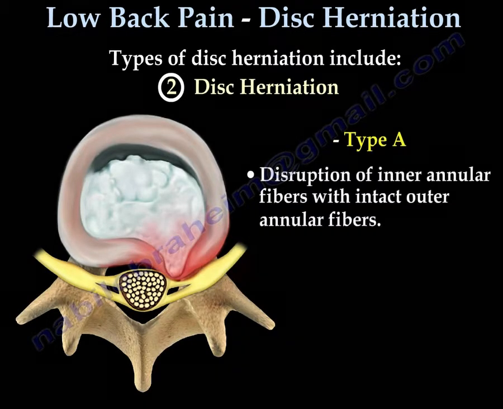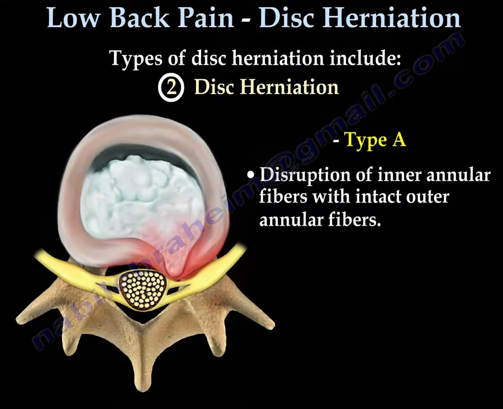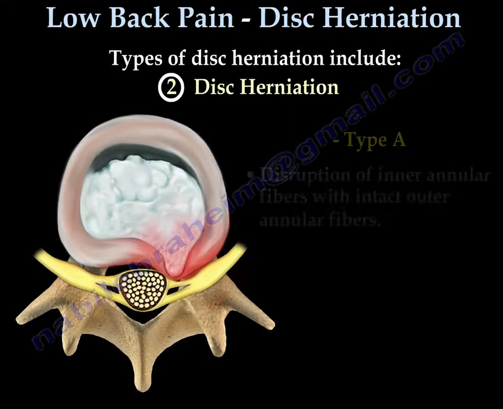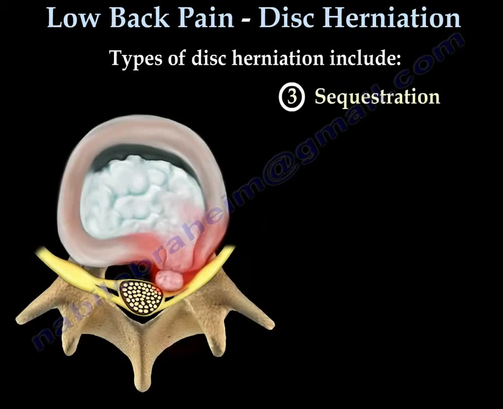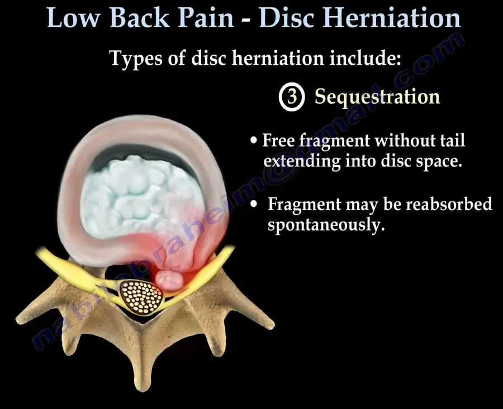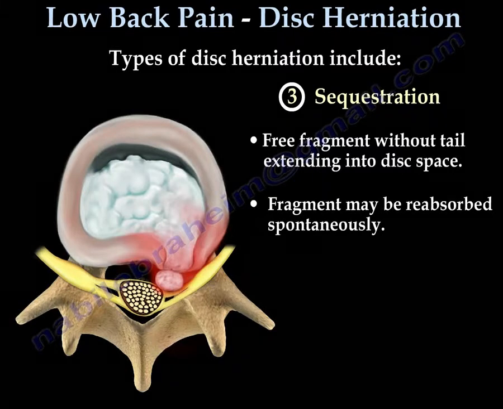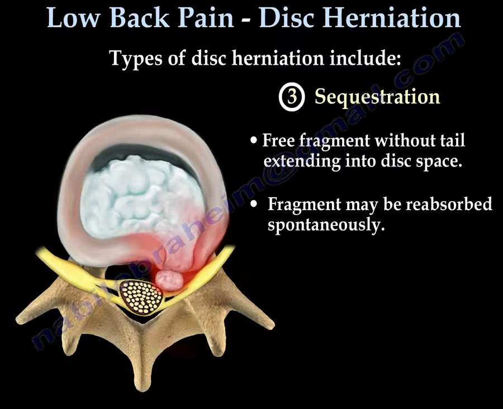In this type we have disruption of the annular fibers, either partially or totally, with a tail of disc material extending into the disc space. The third type is called sequestered disc, a free fragment without a tail extending into the disc space. The fragment may have a chance to be reabsorbed spontaneously, and it may actually get better with epidural injection.